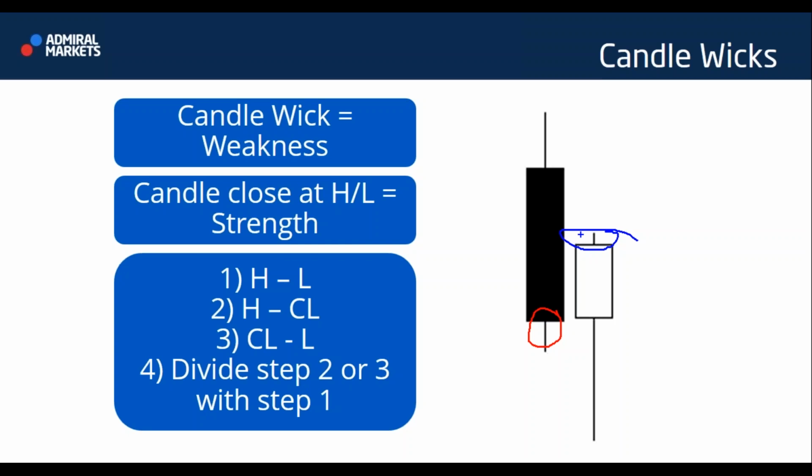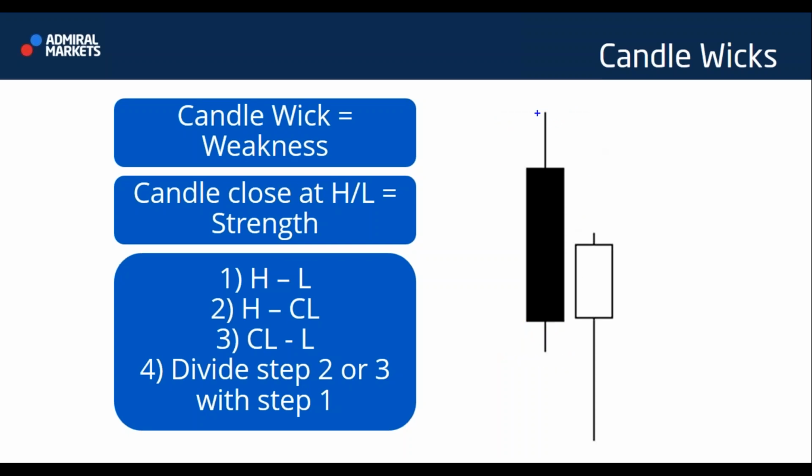What you want to do with wicks is look at the data of this one candle and take the high and the low to get the candle size. You take the close minus the low to get the wick at the bottom, and you divide the size of this wick by the entire candle.